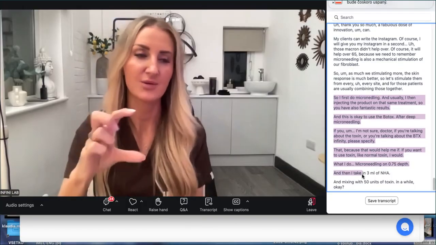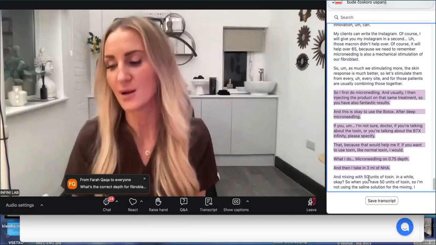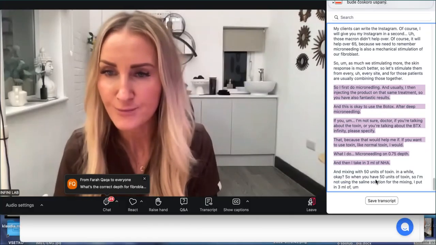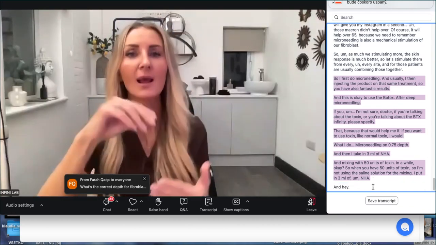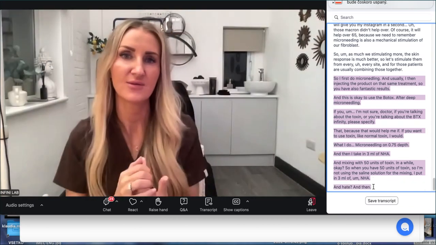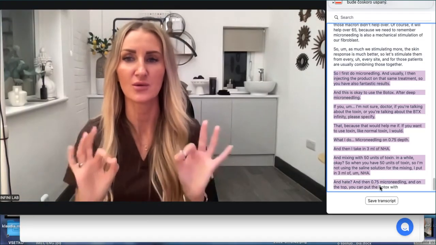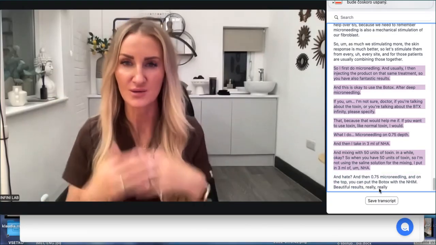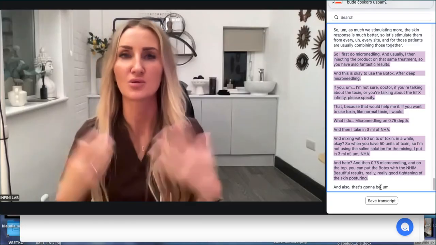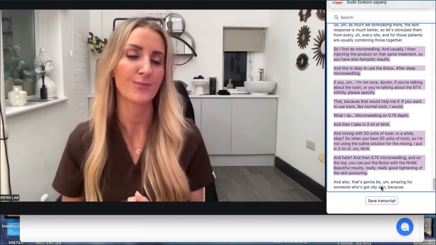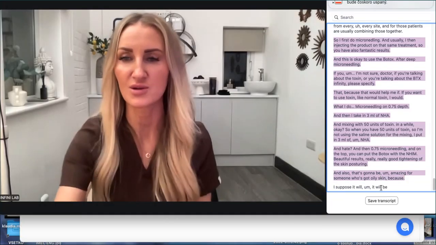So when I have 50 units of toxin, I'm not using saline solution for the mixing. I put in 3 ml of NHA, then do 0.75 microneedling, and on top you can put the Botox with the NHA. Beautiful results, really good tightening of the skin, pore shrinking, and also amazing for someone who has oily skin, because the pores will be regulated a little bit.